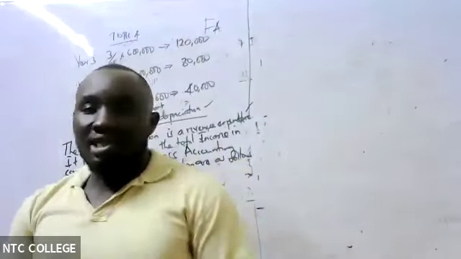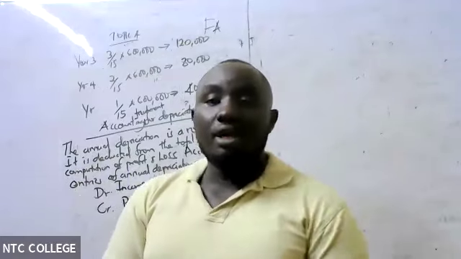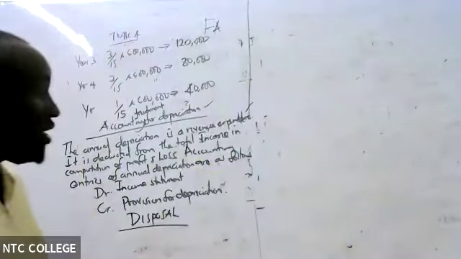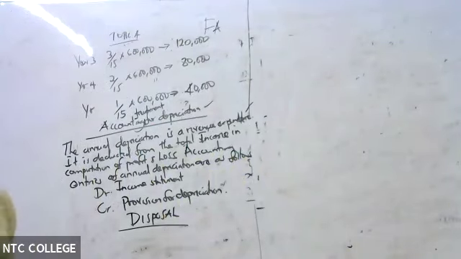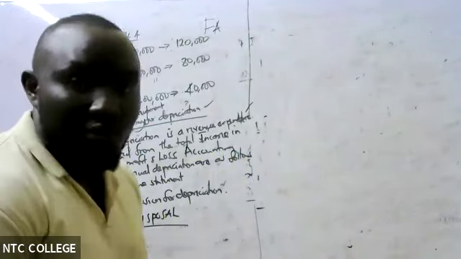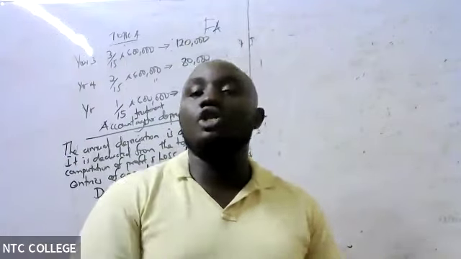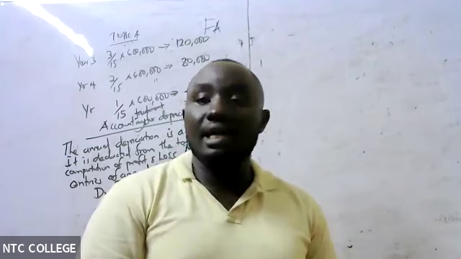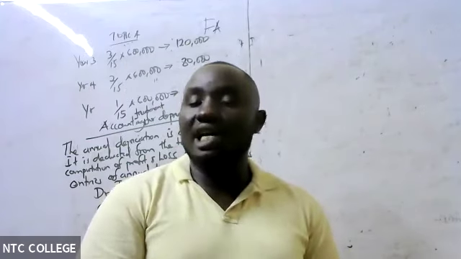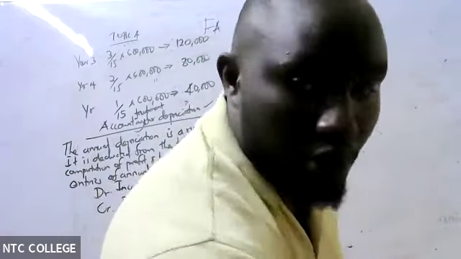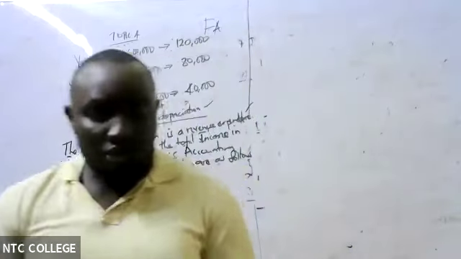So when you dispose of an asset, you can either dispose of it at a gain or at a loss. Let's say, for example, at the time of disposal, the asset was, maybe, 2 million, and you've sold it at 2.2. So that is a disposal gain. But when you sell it at a value less than the net value at the time of disposal, that is a disposal loss.